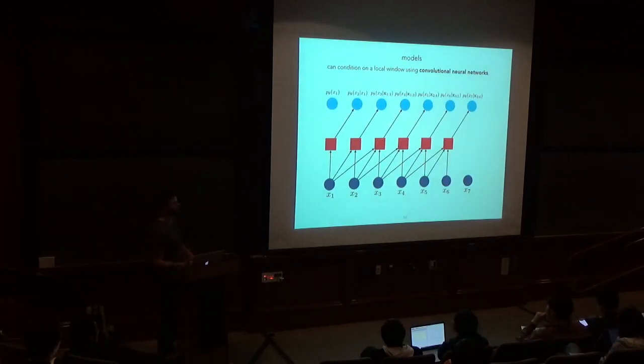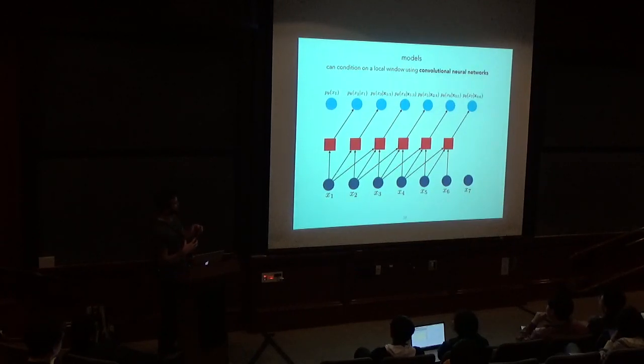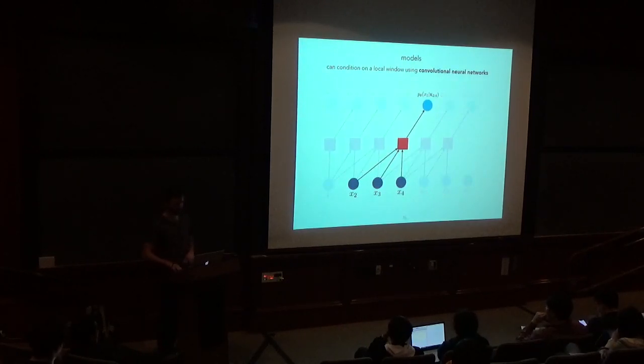Here I've drawn a convolutional network that takes in 3 inputs for the size of its window, does some computation, and then spits out a distribution over the next dimension. Here we've considered P of x5 given x2 through x4, and that's doing this kind of convolution sliding across this sequence of inputs. So we could use either a recurrent network or a convolutional network.